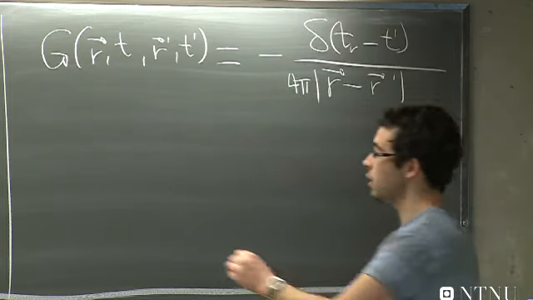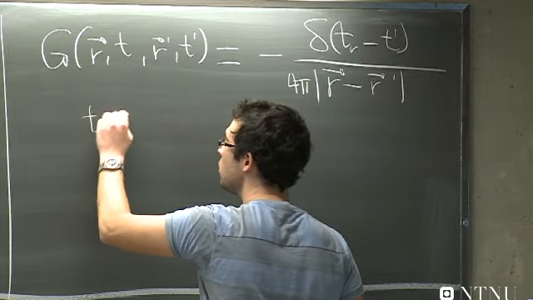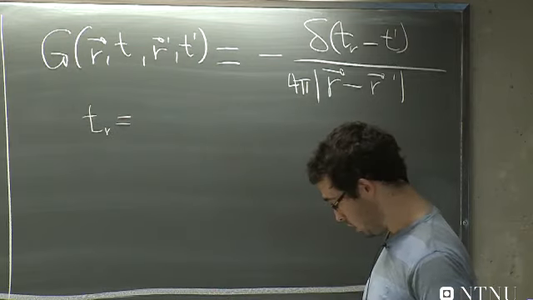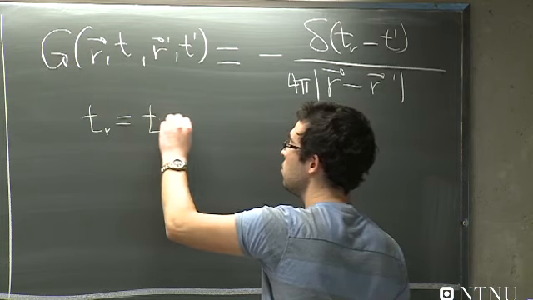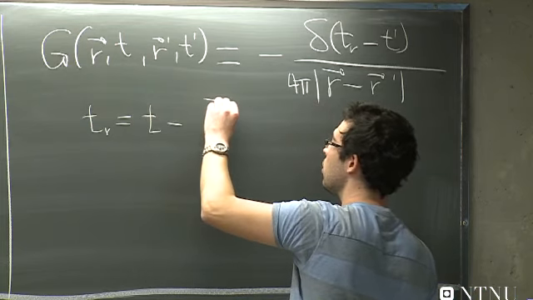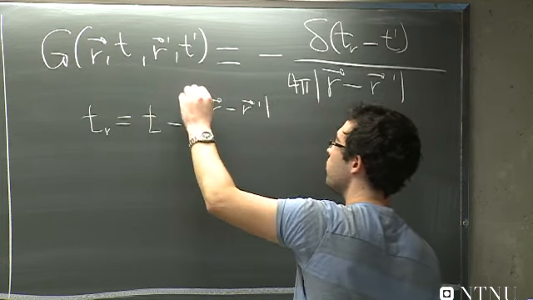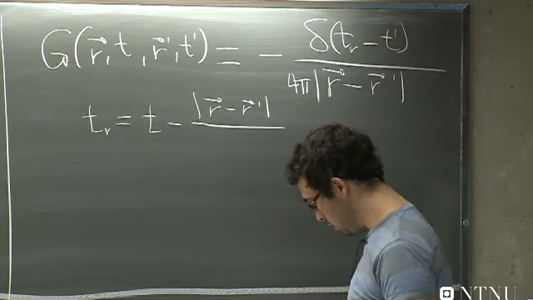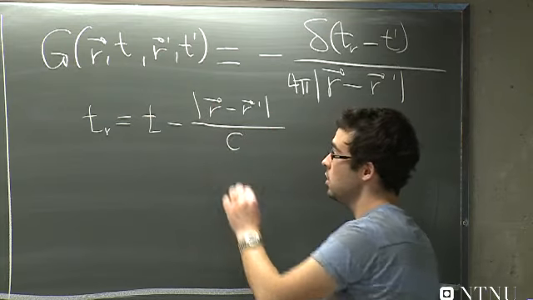And just recall that t_r is the retarded time, and we can write that as t minus the magnitude of r minus r' divided by the speed of light c.